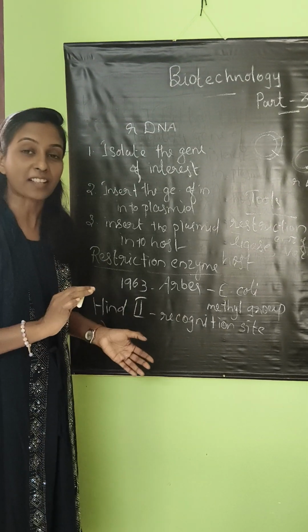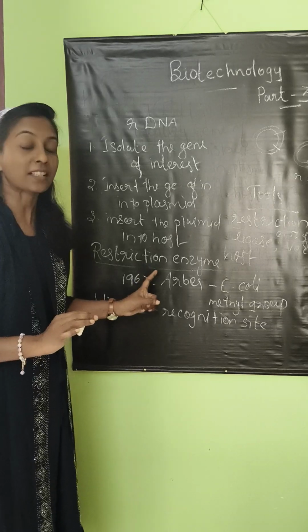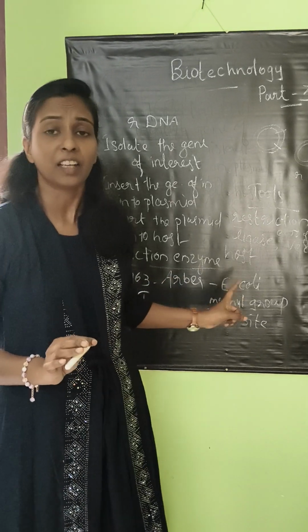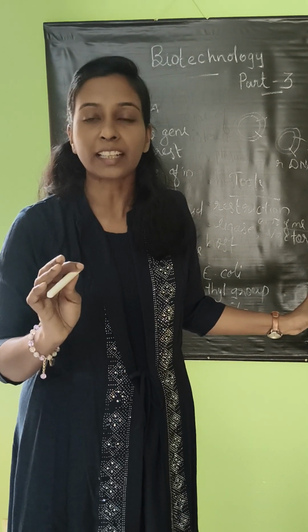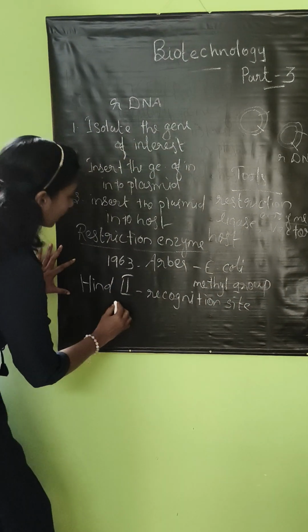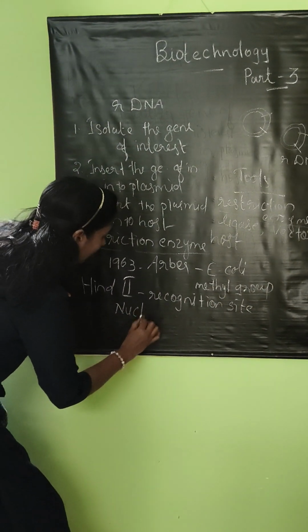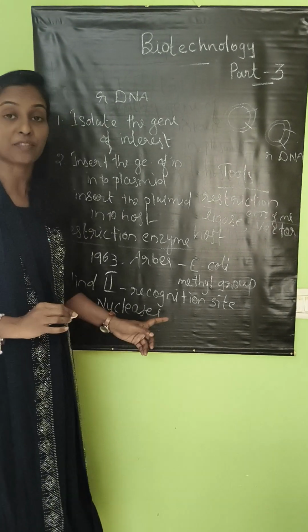Before we study all these recognition sites and restriction enzymes, we can understand some more detail about the restriction enzyme. Restriction enzyme is included under one of the classes called nuclease. It's one of the important questions for the board as well as NEET.